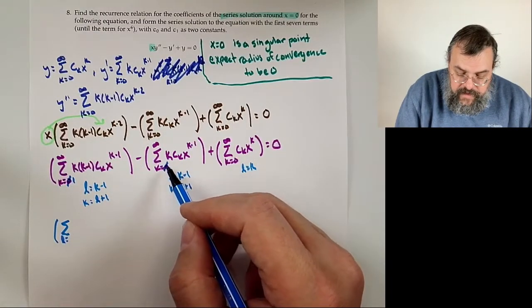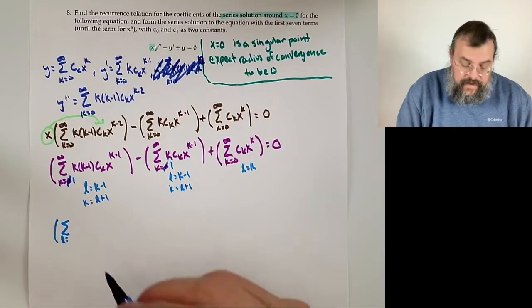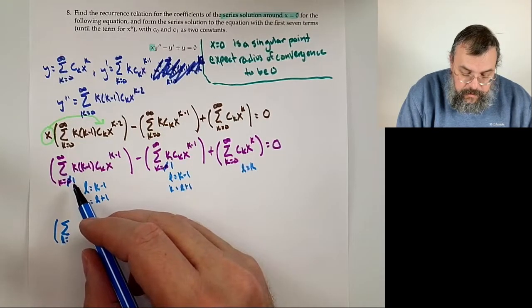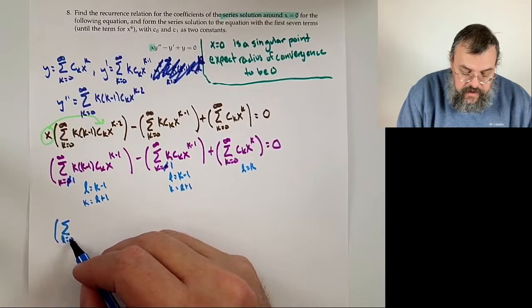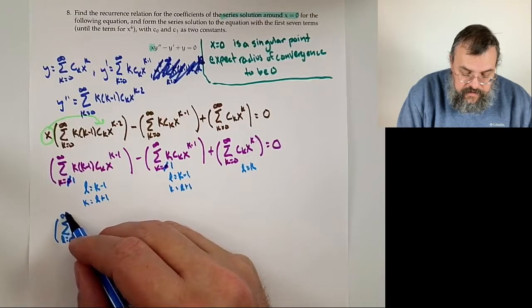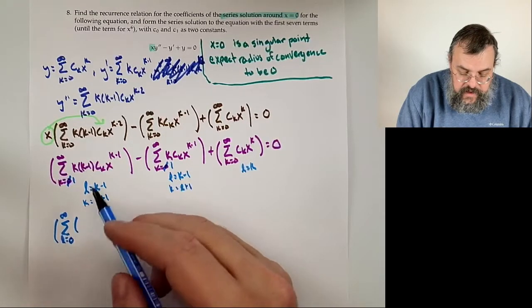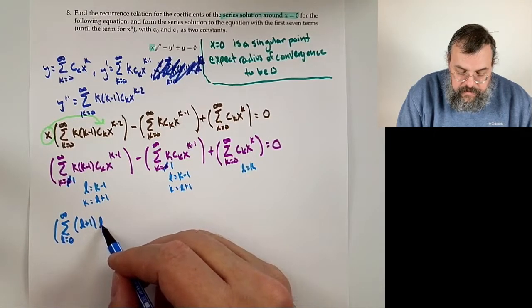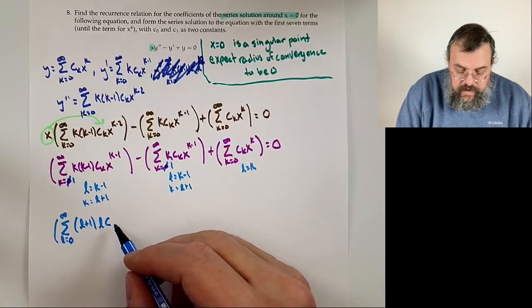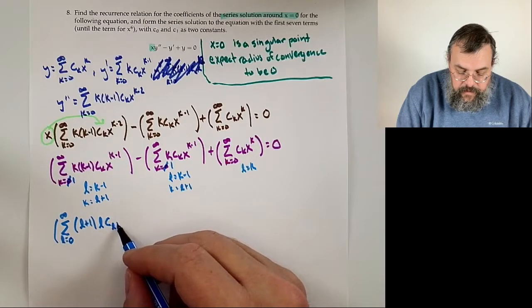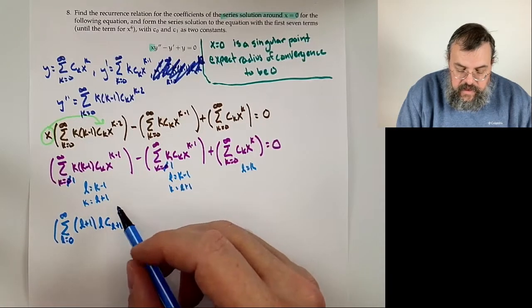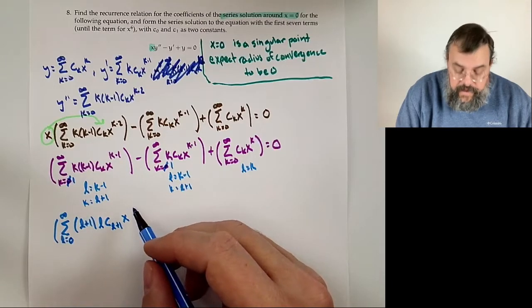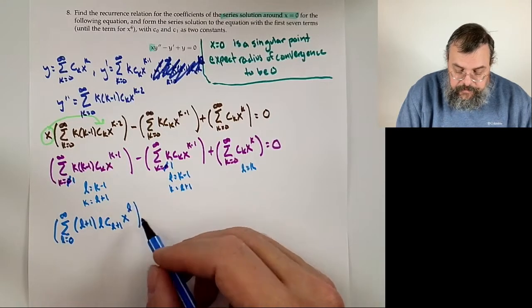We can do that with the second term as well. Now, 1 minus 1 is 0. Great, to infinity. Then k becomes L plus 1, k minus 1 becomes L, c sub L plus 1, and x to the L plus 1 minus 1 is x to the L.